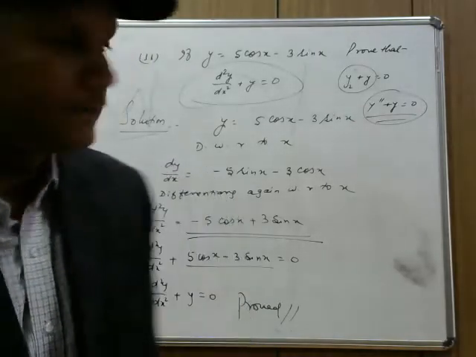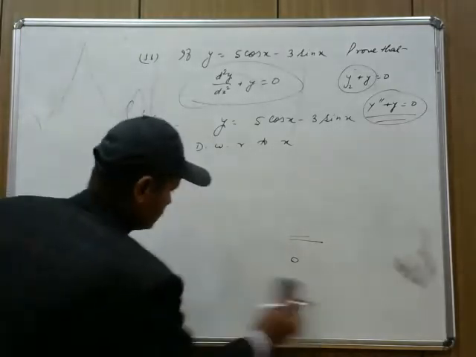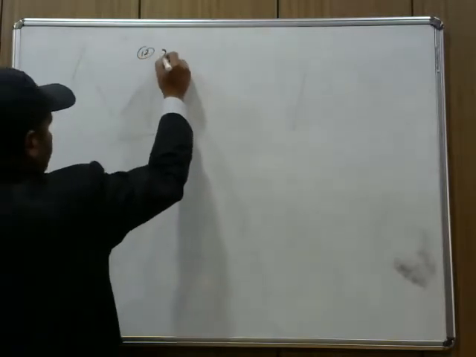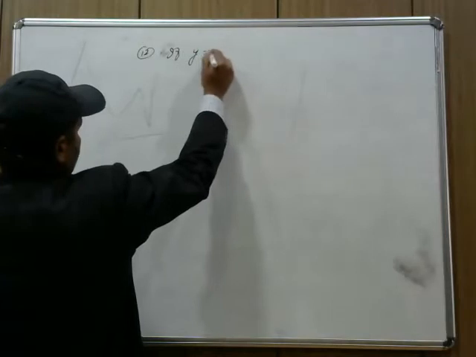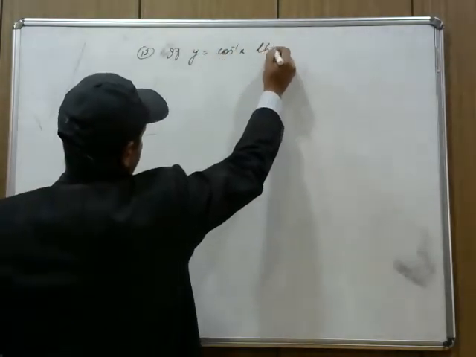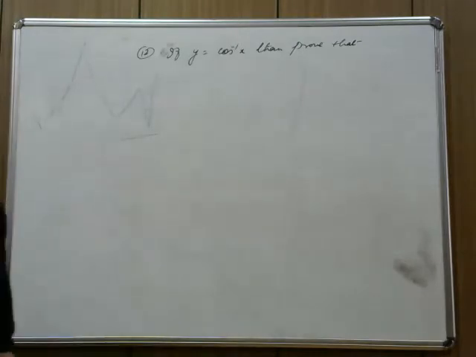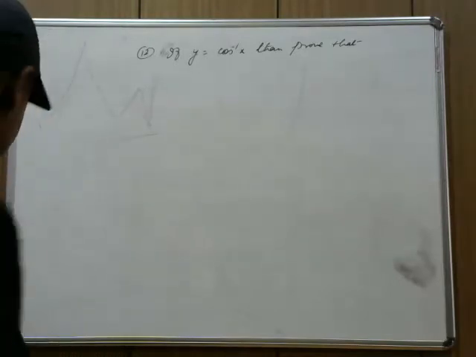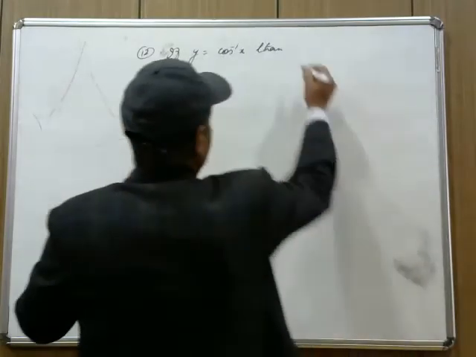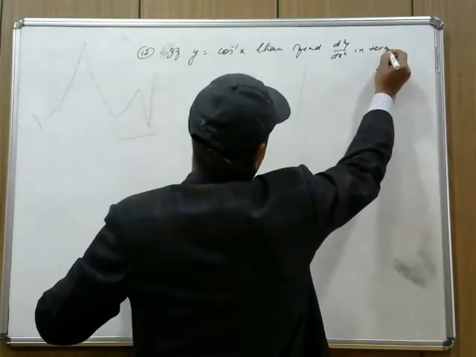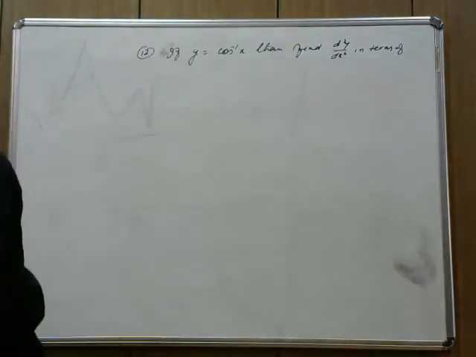Now let us see one more question. Question number 12. If y is equal to cos inverse x, then find d2y by dx square in terms of y alone.